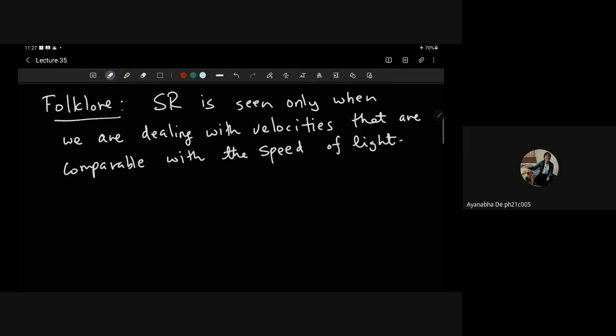The effects that come out of special relativity may seem important only when the velocities are high.